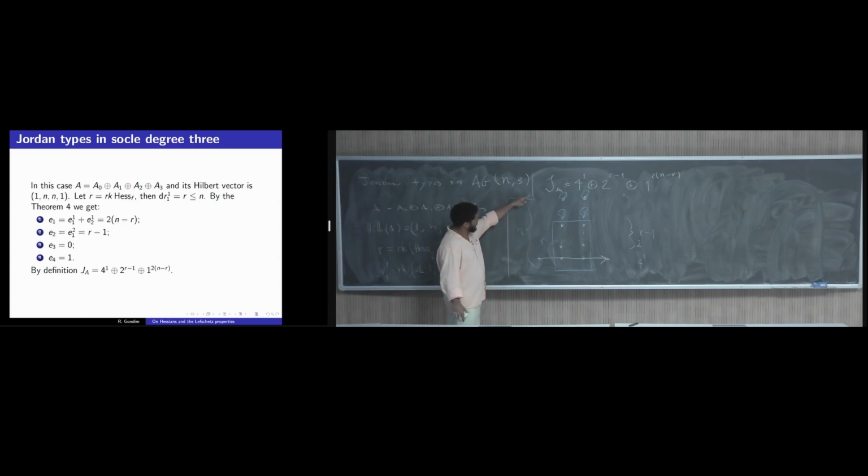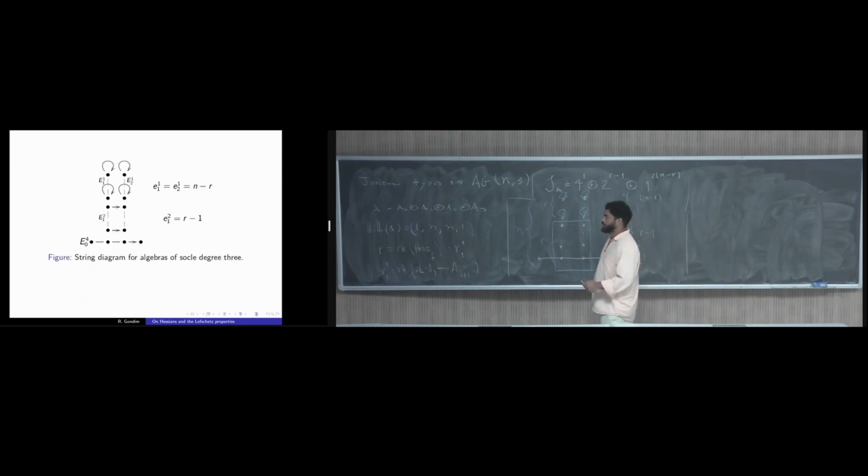So here we have n minus r. n minus r twice is the number of ones in the Jordan type of A. And this is the string diagram for an Artinian Gorenstein algebra of codimension n and socle degree 3.